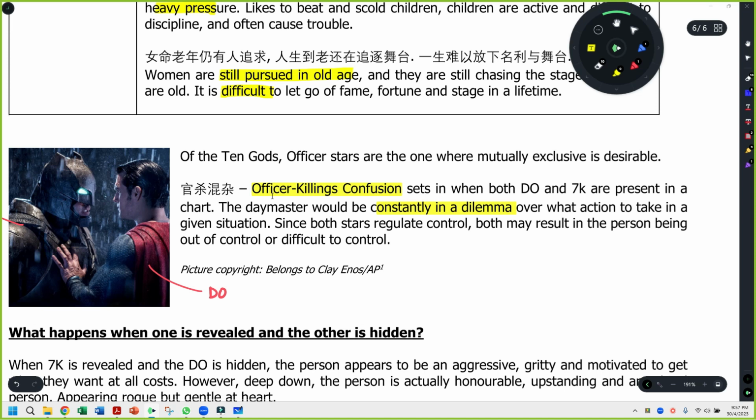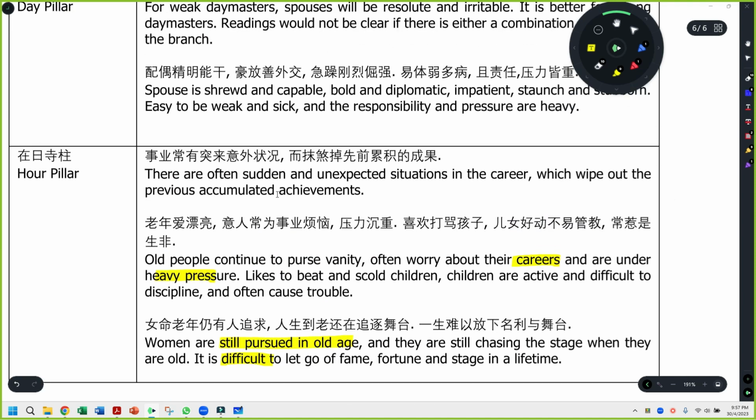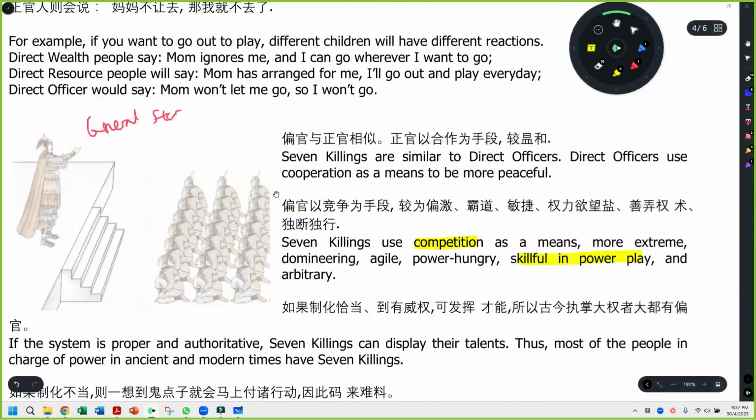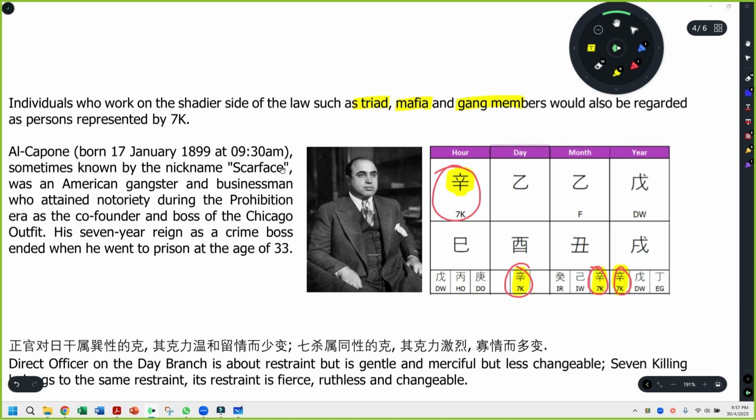Okay, so now, if this is the case, we need to go back to the chart. And when we go to the chart, we need to see whether there is Direct Officer or not. How about Al Capone? Look at Al Capone's chart. Is there potential Direct Officer, Indirect Officer?